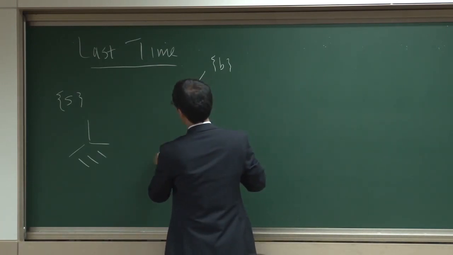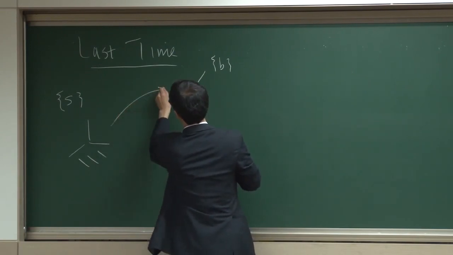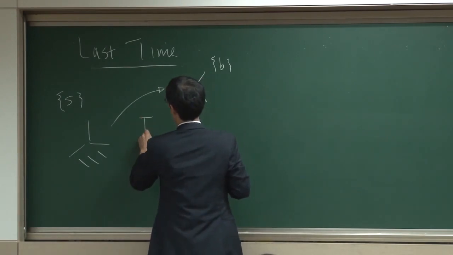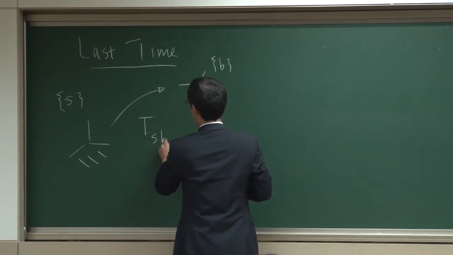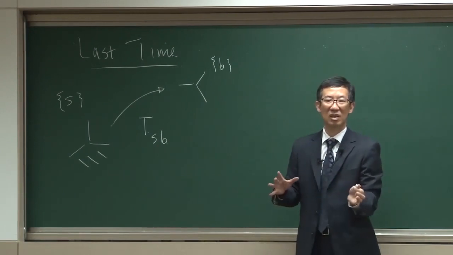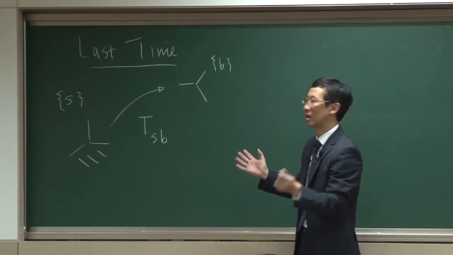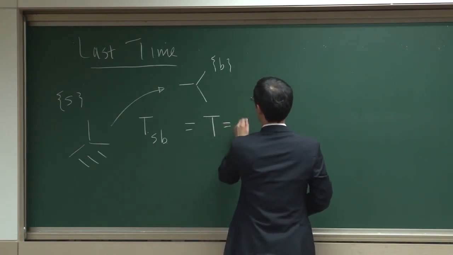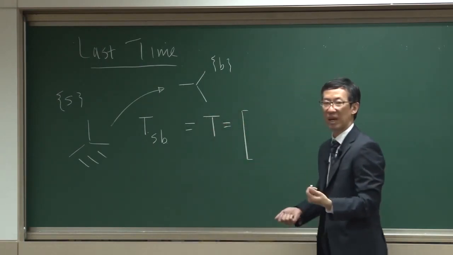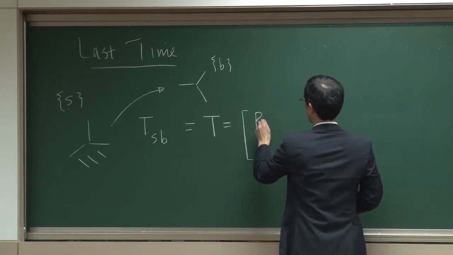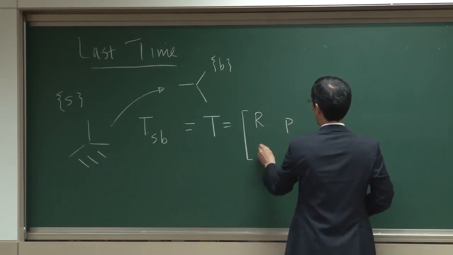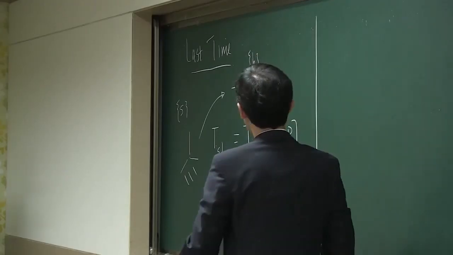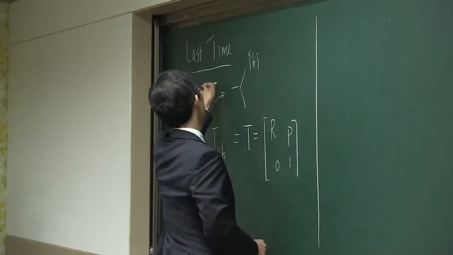And so we have this transformation T. Normally we write T_SB, but because the notation might get cluttered, for now we'll just write this as T. This is a rigid body transformation consisting of a rotation matrix and a position vector. And like I said, it's moving.